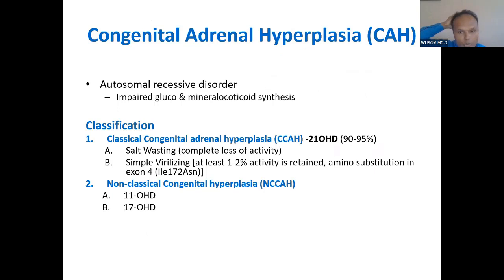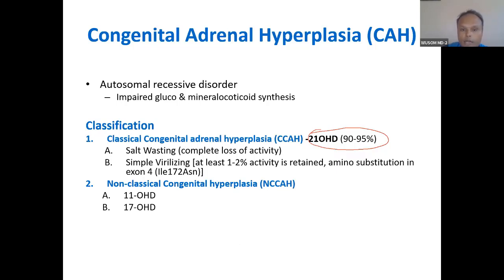Now this 21 congenital adrenal hyperplasia, we can divide into two categories, which we have already done: classical and non-classical. Classical congenital adrenal hyperplasia is because of 21 hydroxylase.